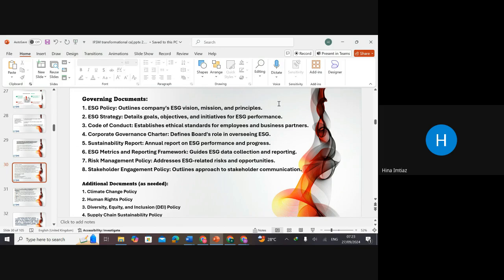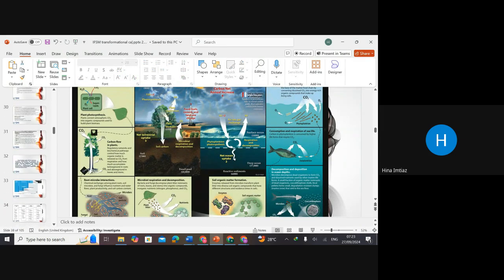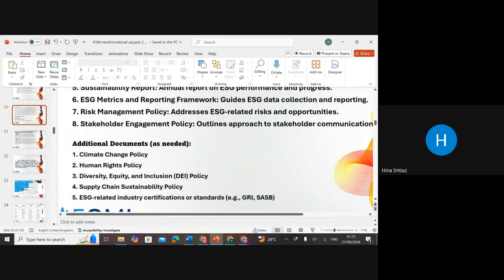Then you have additional documents in the ESG governance system. You have the main documents, but you have some other documents as well. For that, you have the climate change policy, because ESG data specifically deals with climate change.